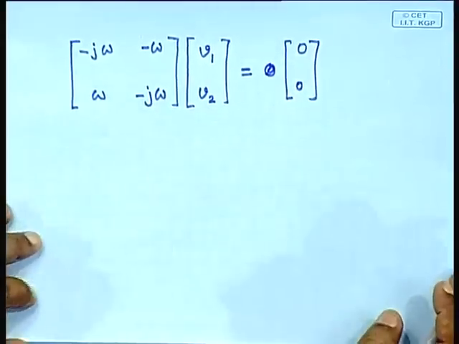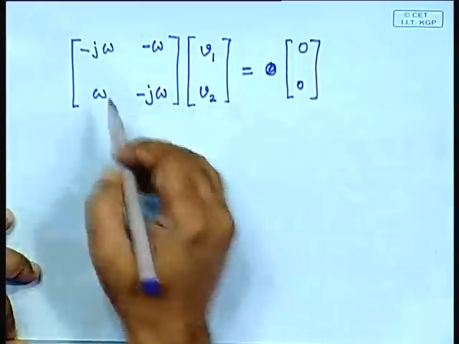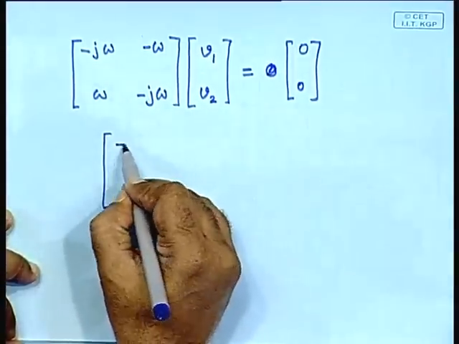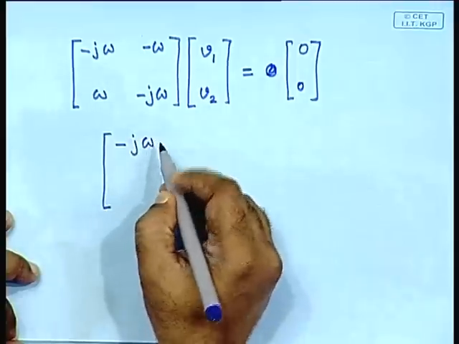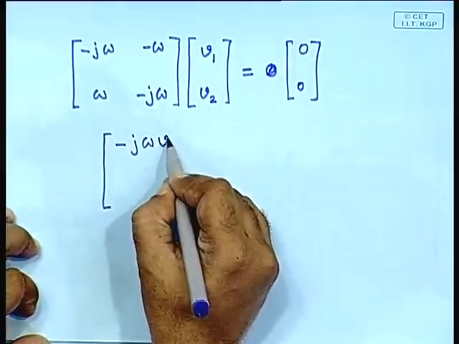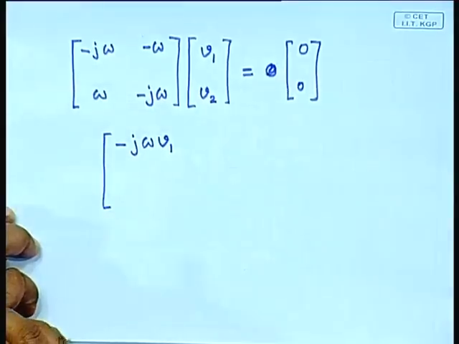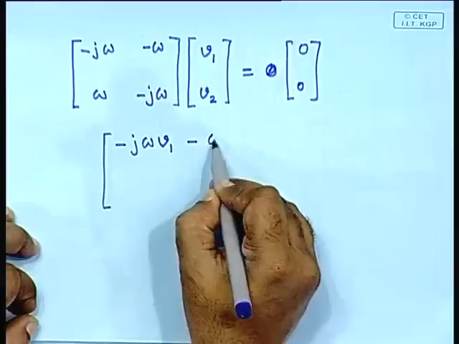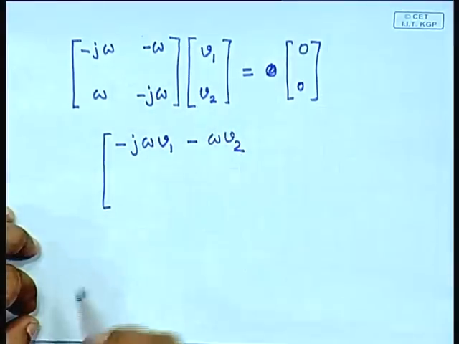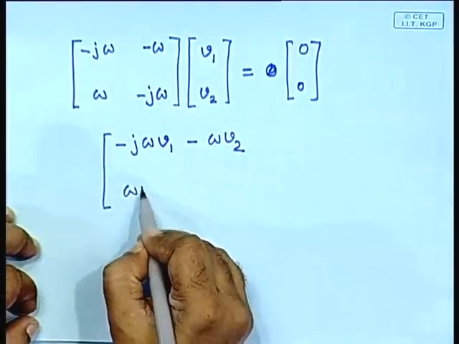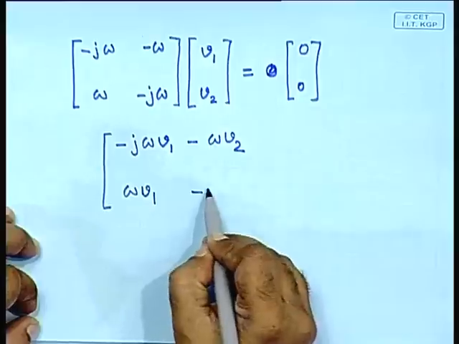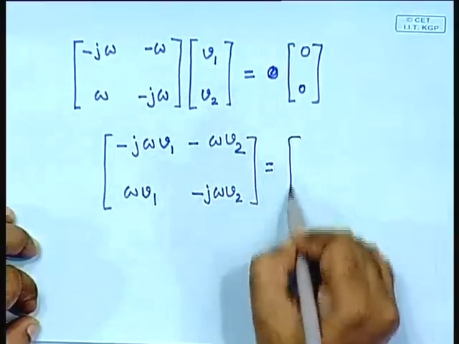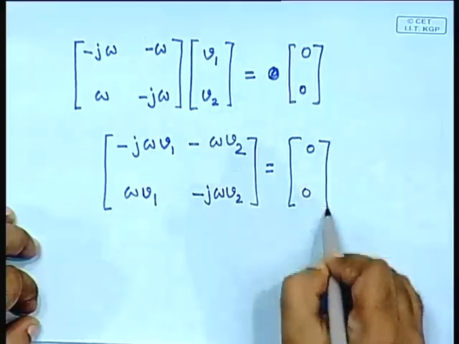Fine. Now notice this will give minus j omega V1 minus omega V2, and omega V1 minus j omega V2, is equal to 0, 0.